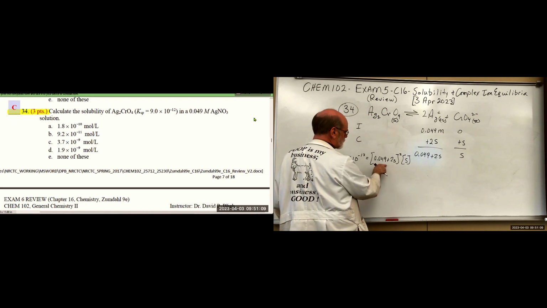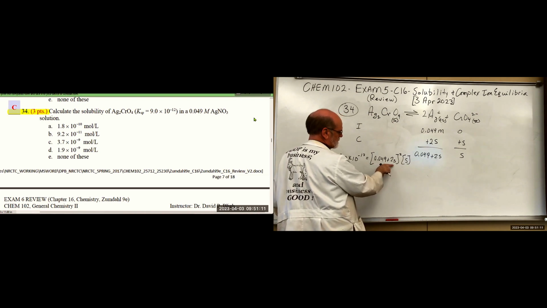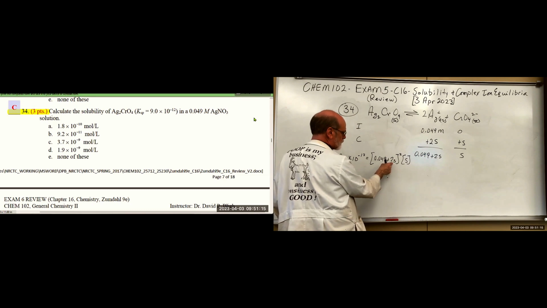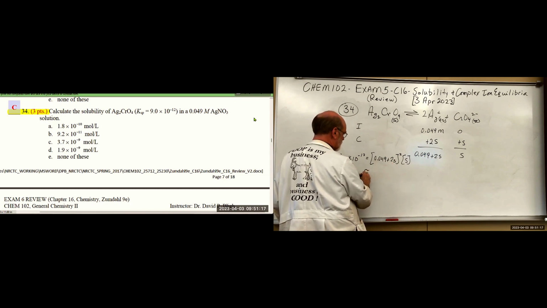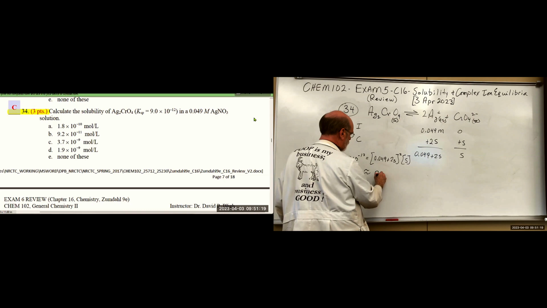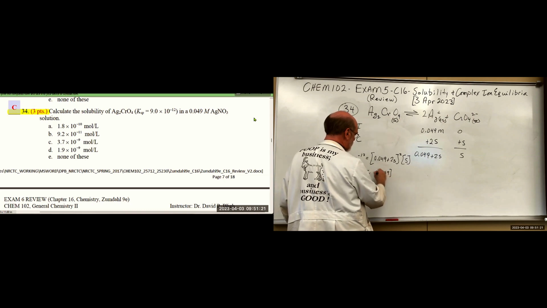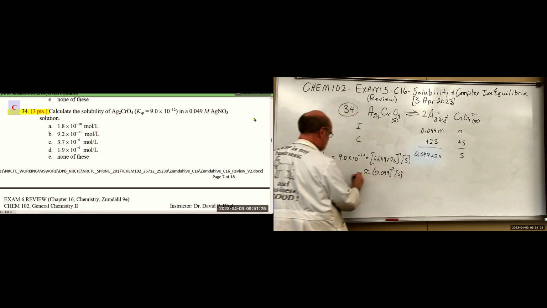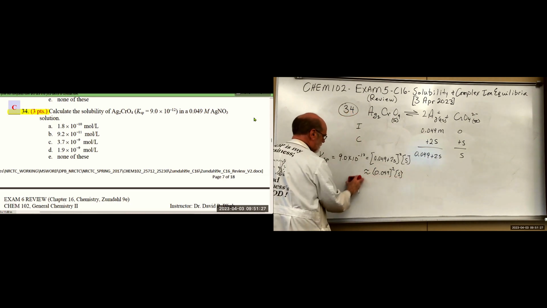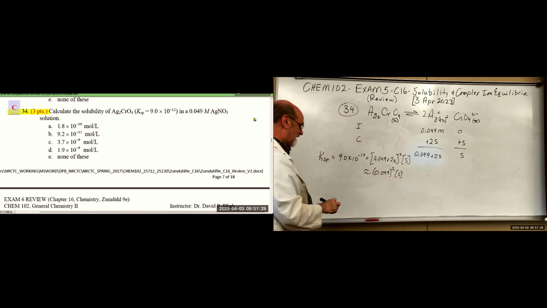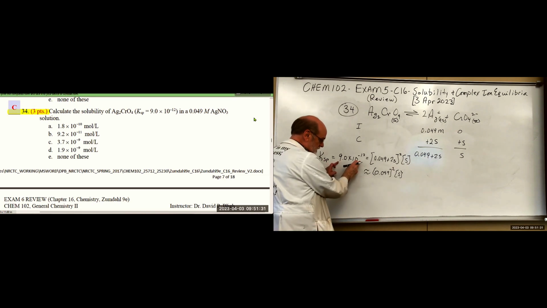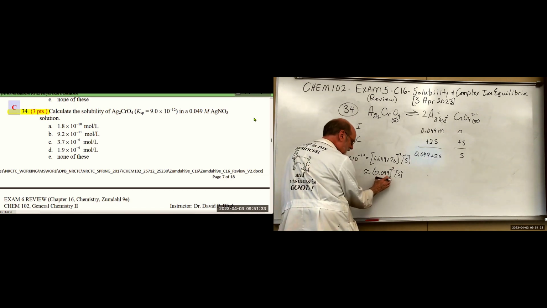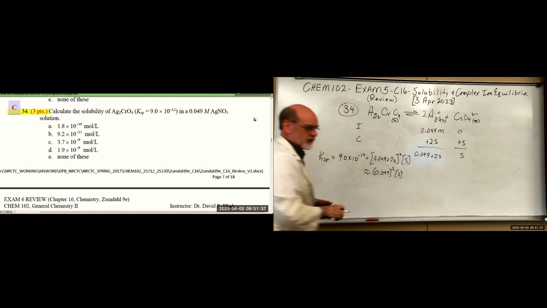If we square this one, we're going to expand a polynomial. So we're going to have to assume that this one is insignificant. So we get 0.049 squared times s is equal to this value. So we take this one, we divide it by this one squared, and that's equal to our solubility.